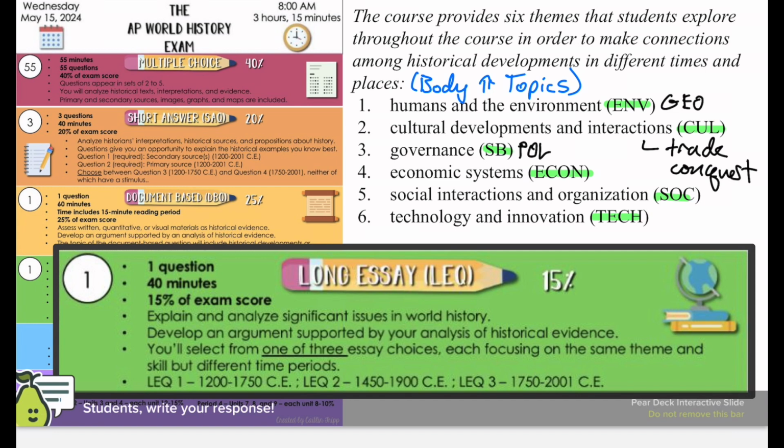Social interactions and organizations, that's talking about that hierarchy that we love to talk about in AP history. Okay, so like if you're talking about the social organization of the Mongols prior to building their empire, it's not going to be very stratified. It's not going to have a lot of different levels. It's going to have whoever's in charge and then everybody else.